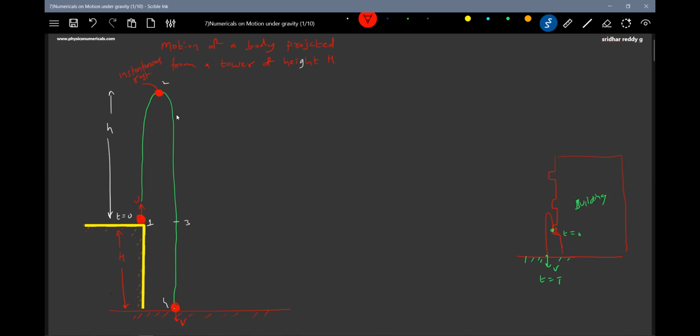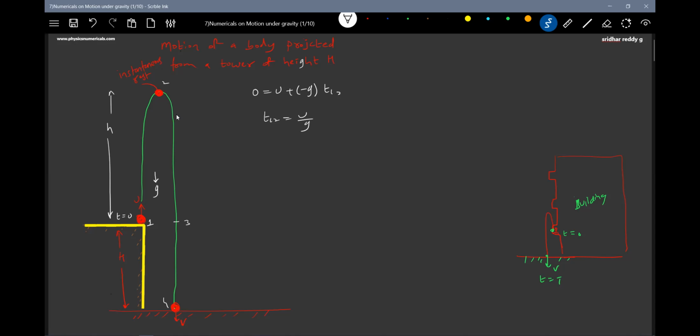We'll find out all these things because we know, first thing, 0 is equal to u minus g. G will be acting vertically down, opposite to the initial velocity. So therefore it is plus minus g. Time taken to move from 1 to 2: T12 equal to u by g.